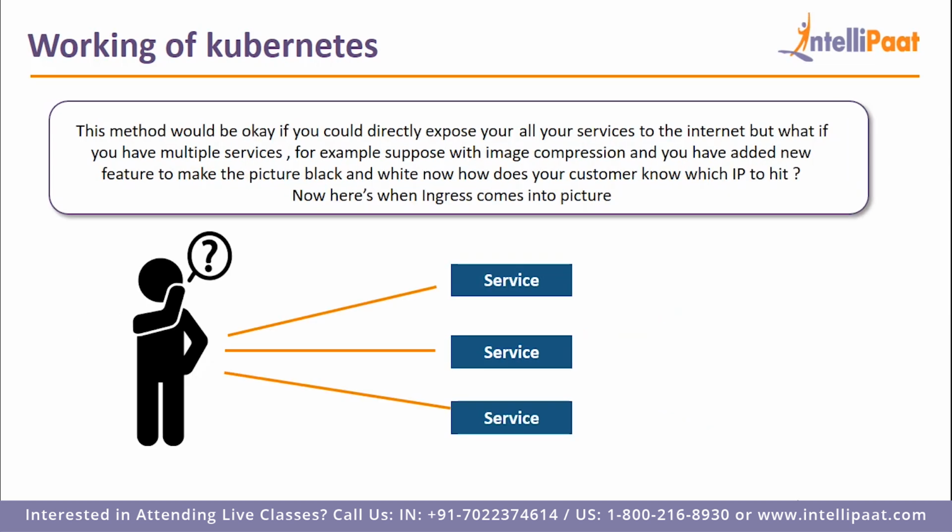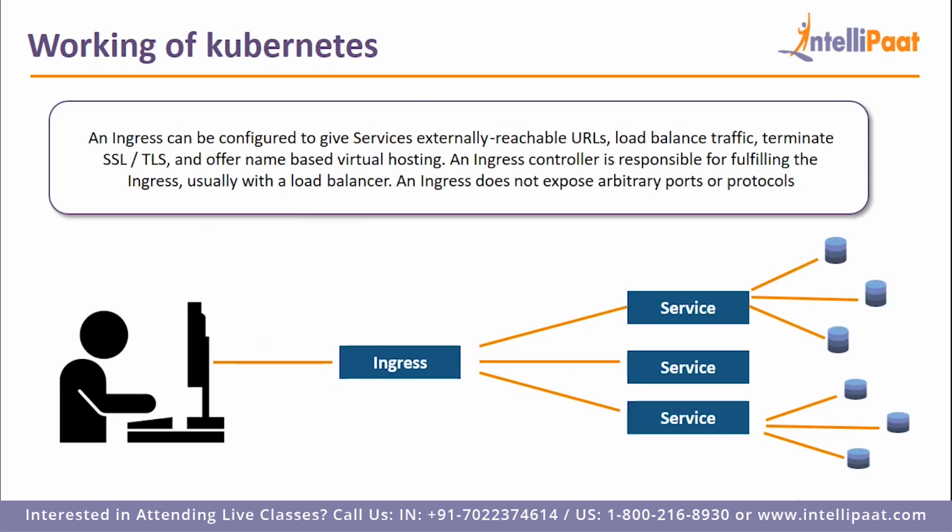What ingress basically does is it can be used to create externally reachable URLs, which will load balance the traffic, terminate SSL as well as TLS, and offer name-based virtual hosting. What I mean by name-based virtual hosting is that sometimes you go to, let's say, www.intellipaat.com/ and whatever I put next can be thought of as name-based virtual routing, where I'm just putting the name.